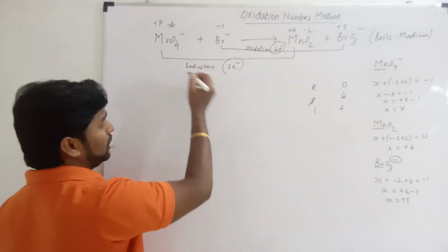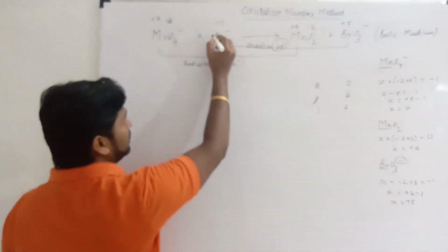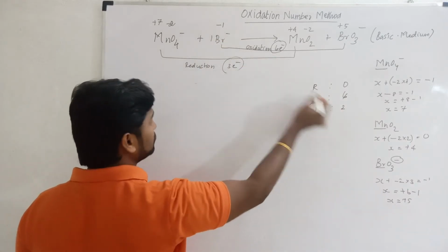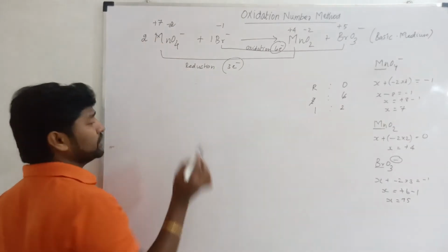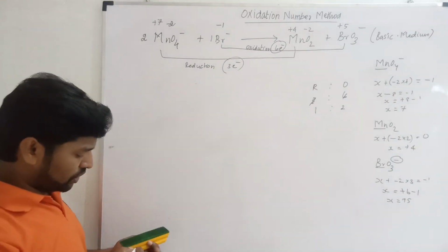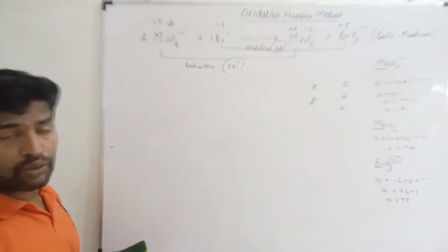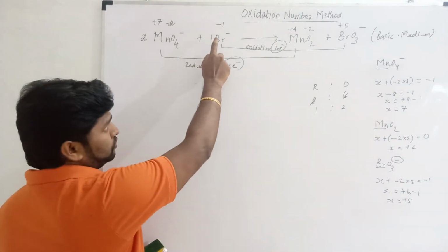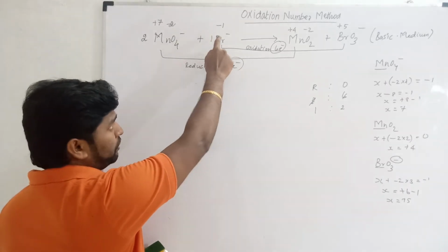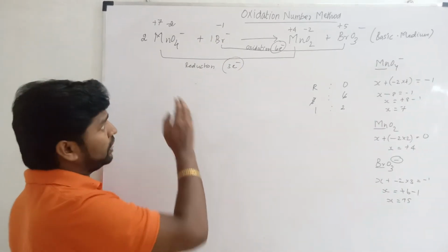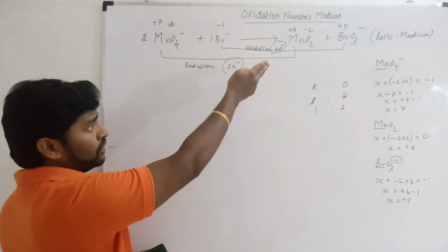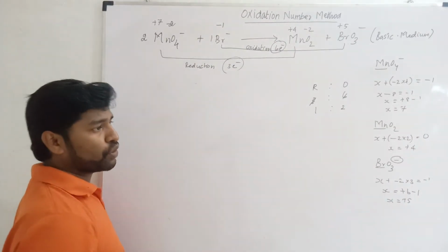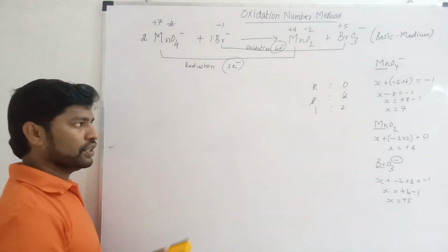So cross multiplying, we write the reduction 1 here and the oxidation 2 here. Now the number of electrons lost and gained is equal, because for one bromide ion, 6 electrons are lost, and 1 Mn takes 3 electrons, therefore 2 gives 6.